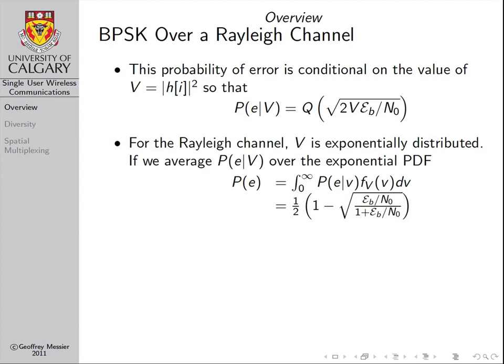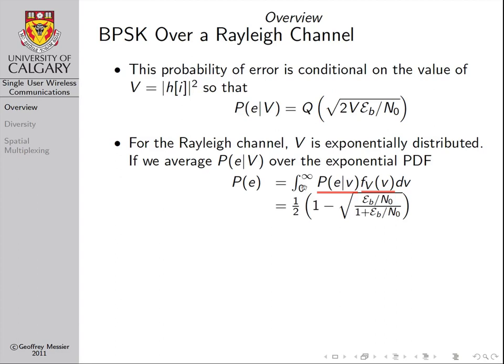So we take our conditional probability of error expression and average it over this exponential distribution. You do that by multiplying by the PDF, the exponentially distributed PDF, and then integrating from 0 to infinity. Actually, usually it's from minus infinity to infinity, but there's no such thing as a negative value for v in this particular case.